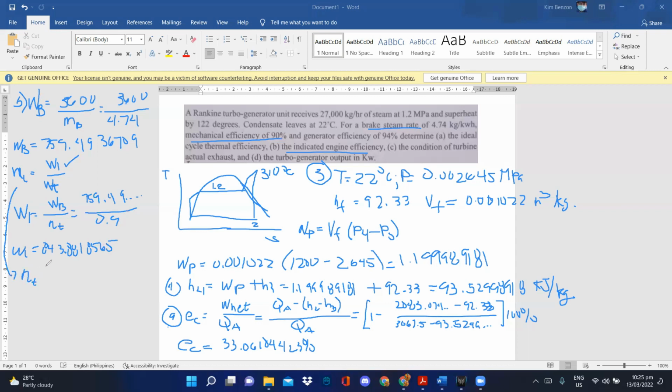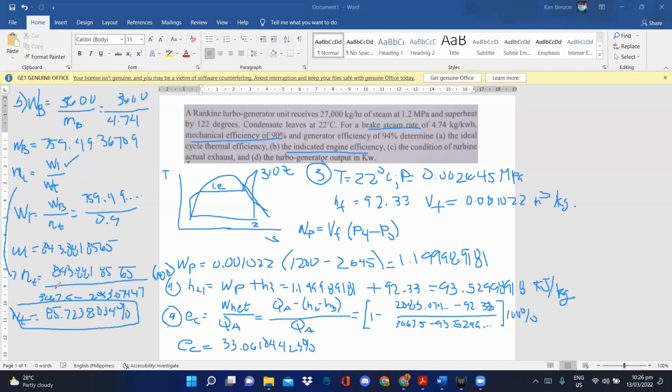So, your indicated engine efficiency is equivalent to 843.8881.8565 divided by your work ng turbine, which is equivalent to 3067.5 minus 2083.07447 times 100, which is equivalent to 85.723.8034%.